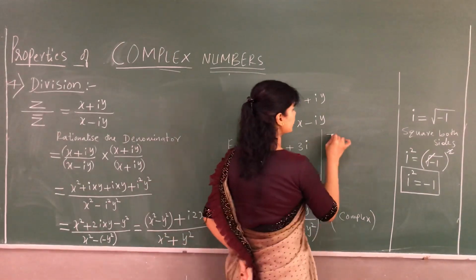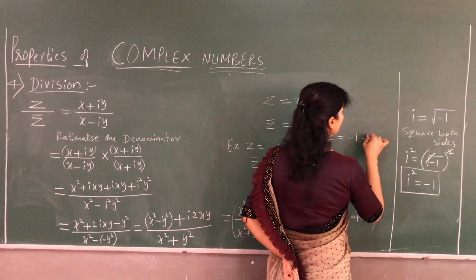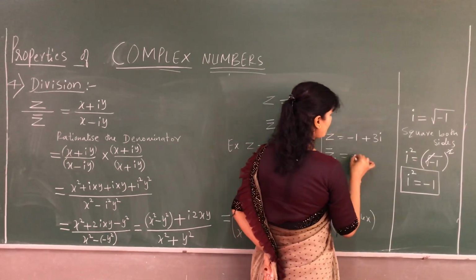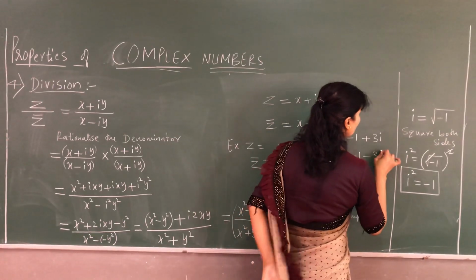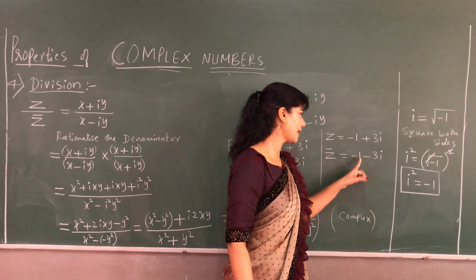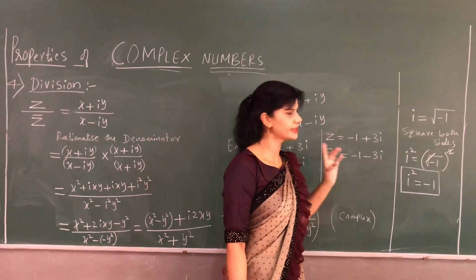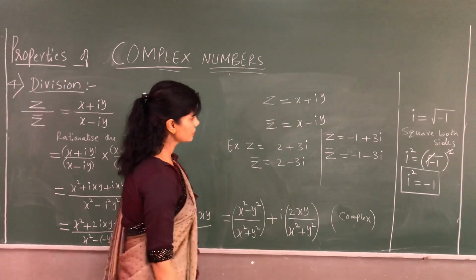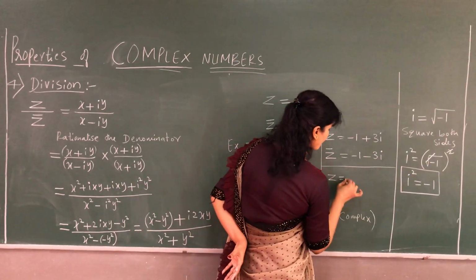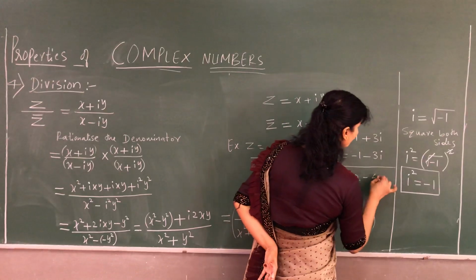Suppose your z is minus 1 plus 3i. The conjugate z bar is minus 1 minus 3i. You have to change only the imaginary sign and keep the real part as it is. Suppose your complex number is minus 2 minus 4i.